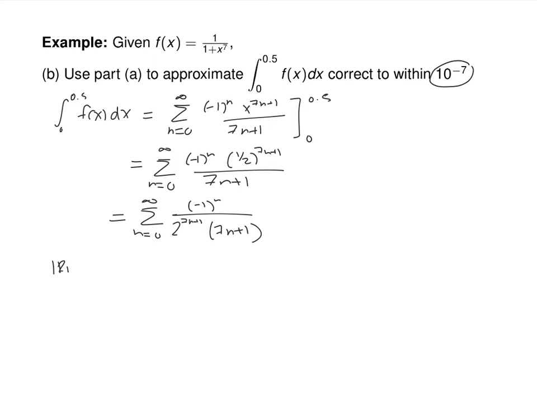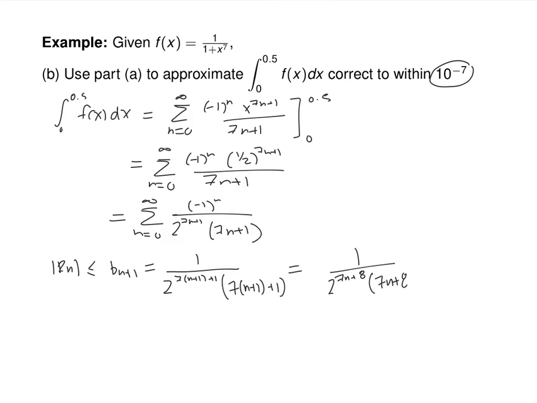So we want the remainder, which is less than or equal to the n plus first term, and plugging in n plus 1, we will have 1 over 2 to the 7(n plus 1) plus 1 times 7(n plus 1) plus 1, which is the same thing as 1 over 2 to the 7n plus 8 times 7n plus 8.